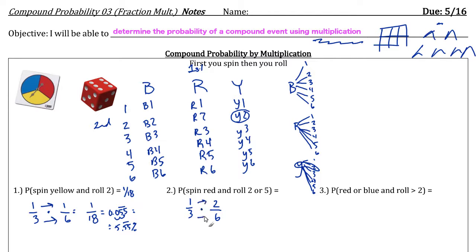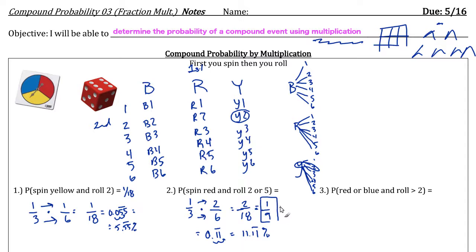We'll multiply across: 2 out of 18, which is 1 out of 9. That's our simplified fraction, which is 0.11 repeating, which is 11.11 repeating percent.